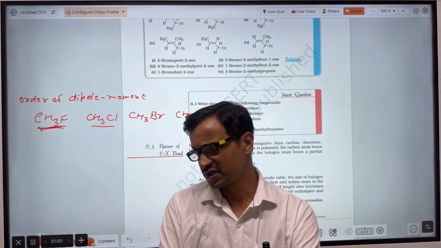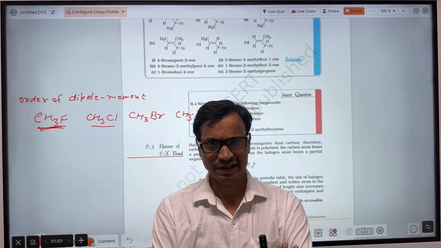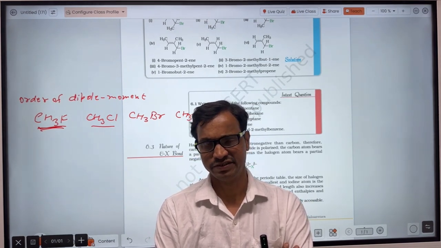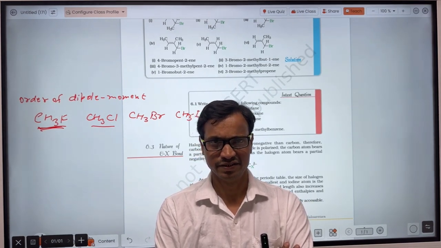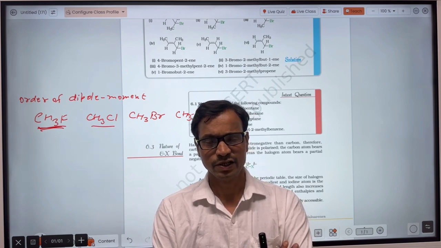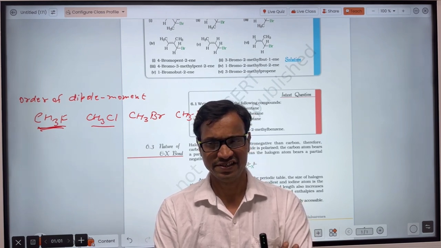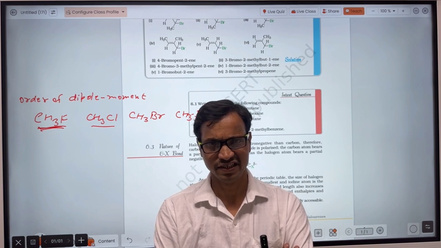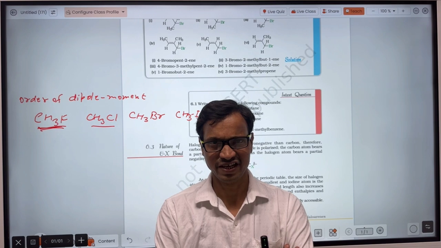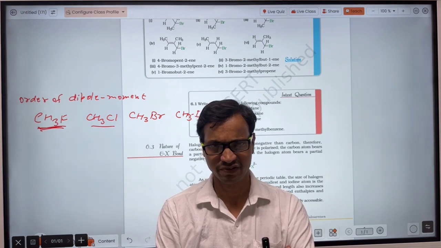So two factors are responsible here for the dipole moment, electronegativity and bond length. The electronegativity of chlorine is not much less than that of fluorine, but the size of chlorine is very large compared to that of fluorine.